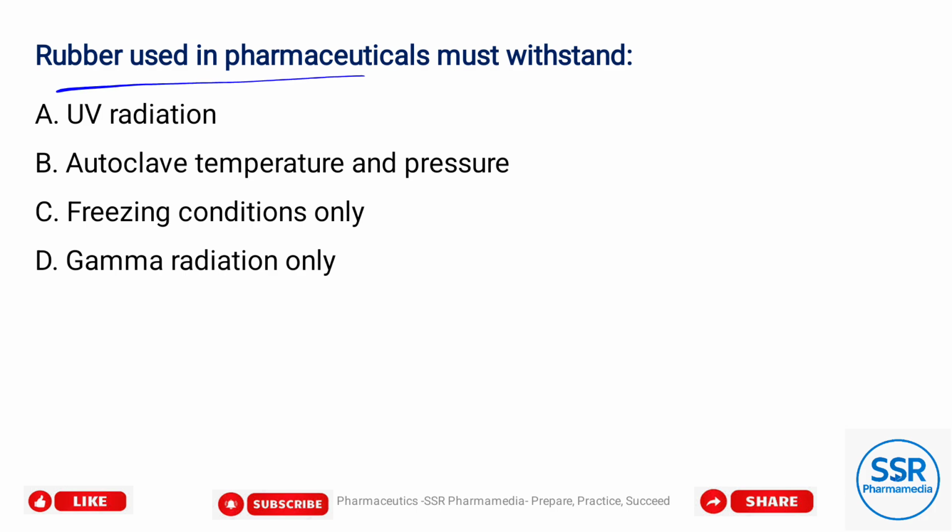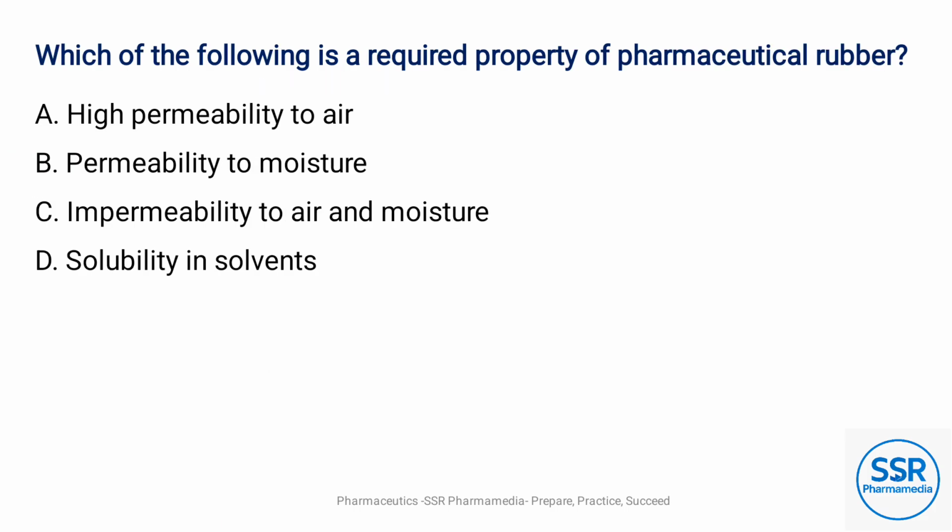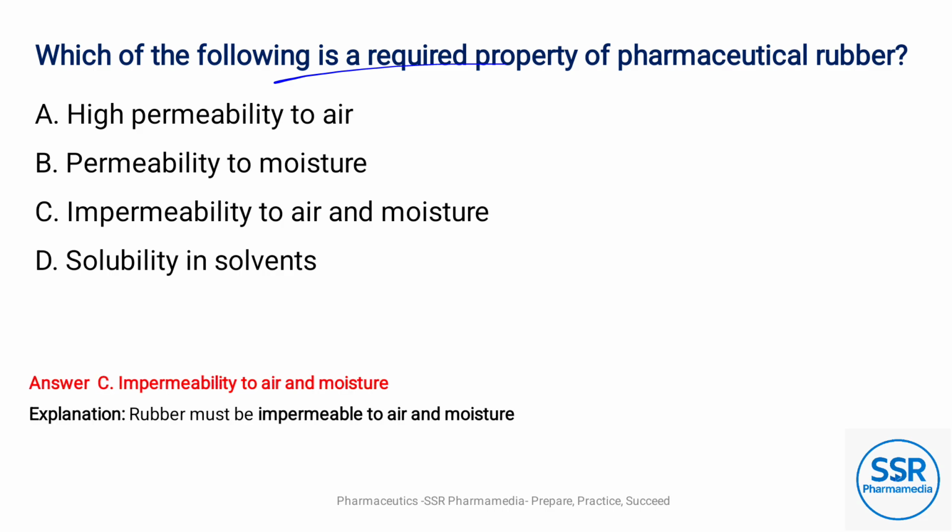Rubber used in pharmaceuticals must withstand, option B, autoclave temperatures and pressure. Which of the following is a required property of pharmaceutical rubber? Option C, impermeability to air and moisture.